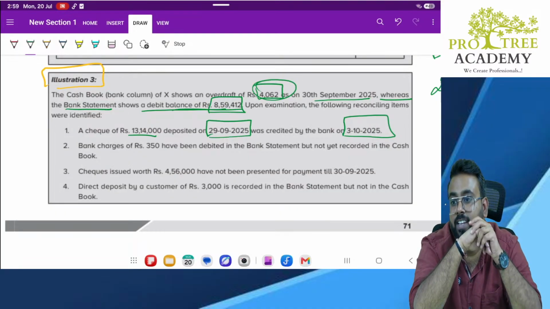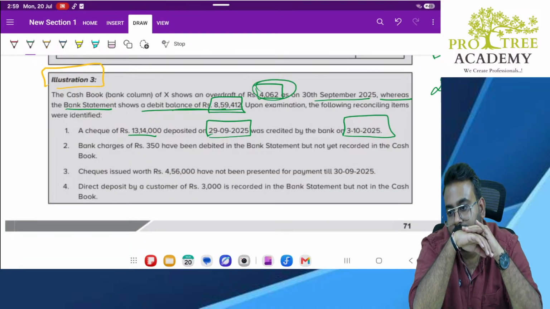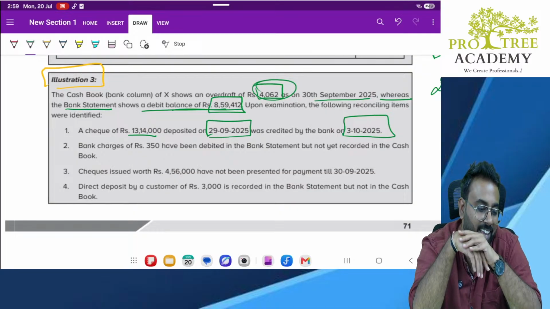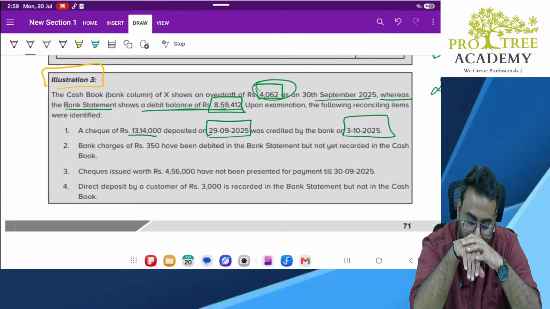What is the difference you are getting? 49. After deducting 4060, where is it?